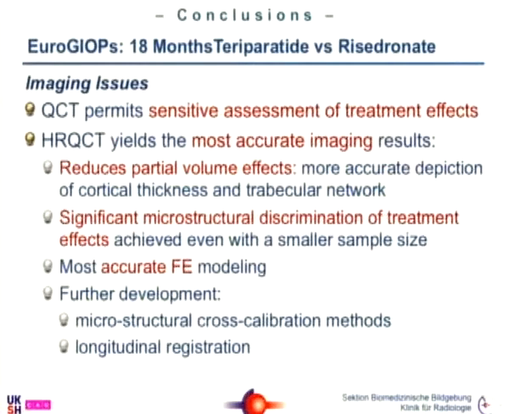It shows significant microstructural improvement and discrimination of treatment effects, and it gives you the most accurate finite element modeling because, for example, the cortical shell can be modeled more accurately. Further developments are possible and are underway, so better microstructure, cross-calibration, better registration, other things, so I think there's potential for further improvement.